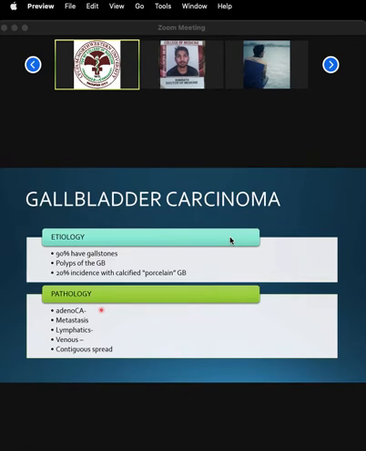We also encounter metastatic carcinomas from your lymphatics, okay, like the cystic duct node of Calot or pericholecystic node, or you may also encounter involvement of your pericholedochal nodes, or from venous drainage to segments 4 and 5, or from contiguous spread from adjacent tissues.